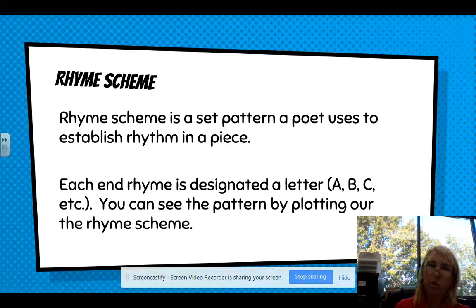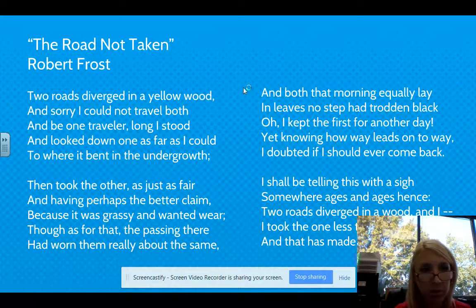When you're finding the rhyme scheme of a poem, each end rhyme is designated a letter, A, B, C, etc. All the way up until, if you're doing a really long poem, then you start repeating: double A, double B, C, C, D, D, E, E, and it just keeps going on and on. You can see the pattern by plotting out the rhyme scheme. That's, yeah, of course, I have a typo there.